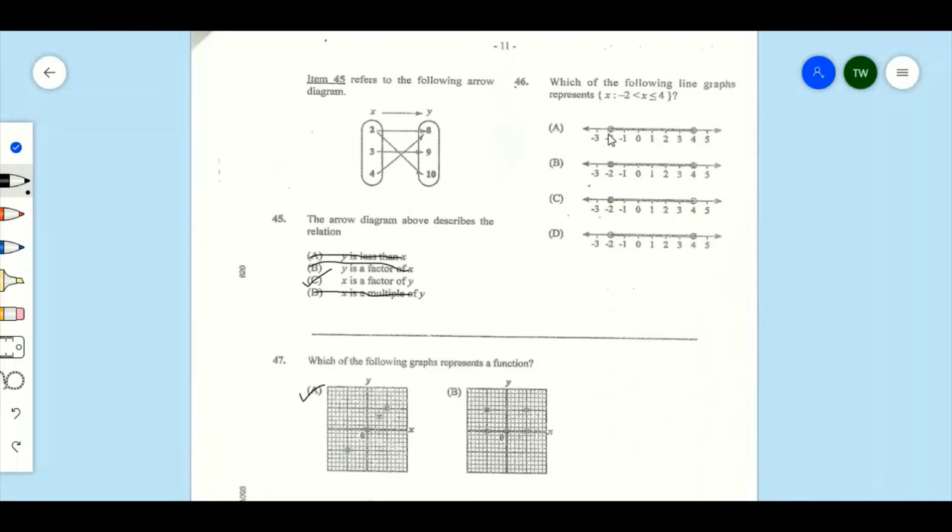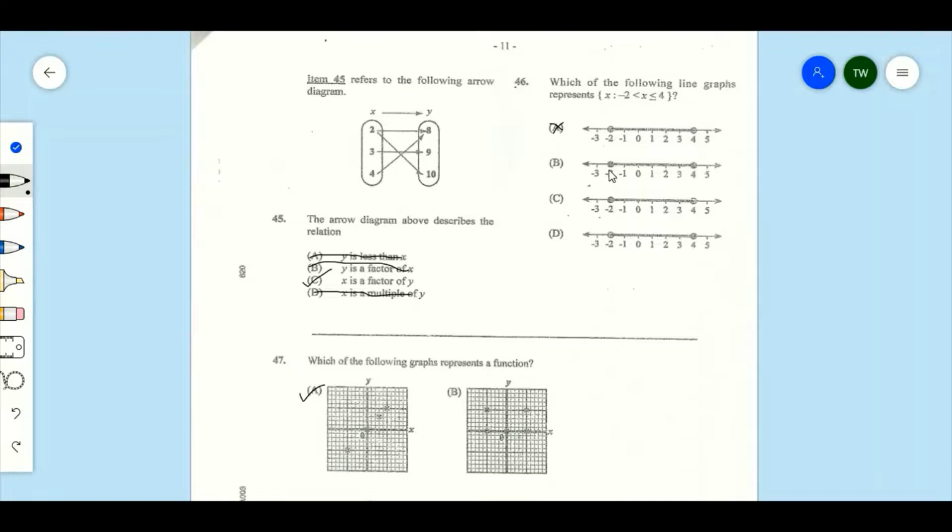And when we look at this section here where 4 is, it is circled, but it is not shaded as well, right? So A cannot be the answer. Now when we look at option B, notice that they shade the value at minus 2, and the function says x is greater than.